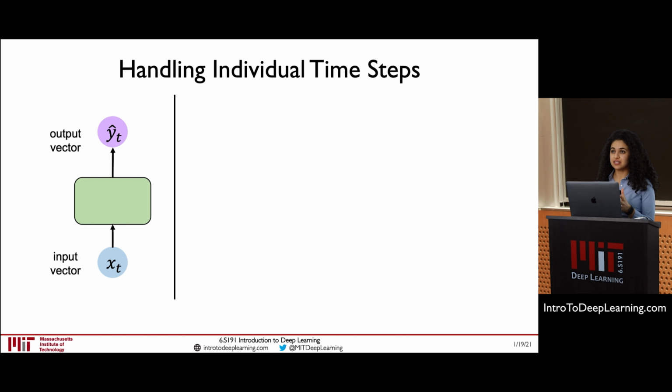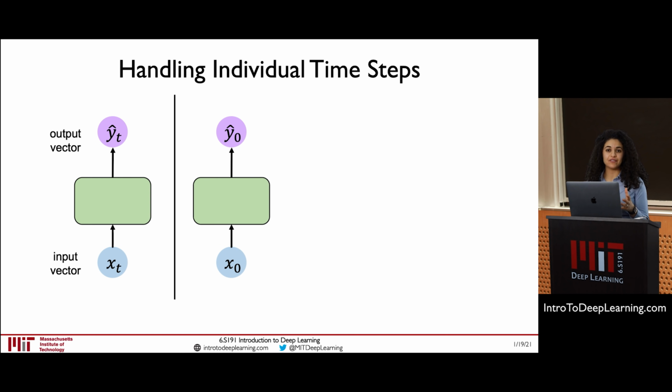To get a sense of this, and how we could handle these individual inputs across different time steps, let's first just rotate this same diagram from the previous slide. So now again, we have an input vector x of t from some time step t, we feed it into our neural network, and then get an output vector at that time step. But since we're interested in sequential data, let's assume we don't just have a single time step.